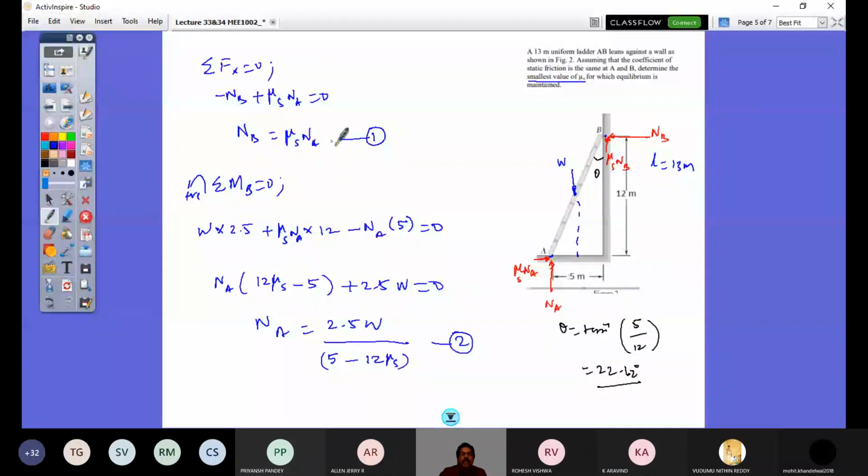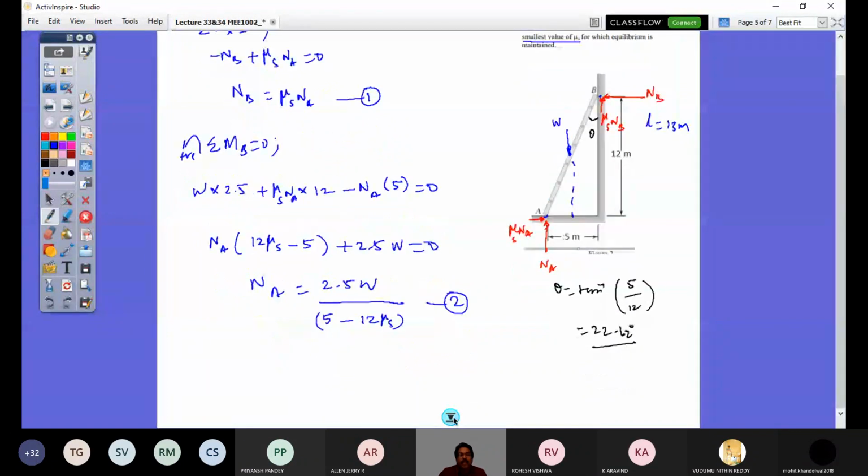Sigma Fy equals 0. So when I apply that, it is going to be NA minus W plus mu s times NB equals 0. So I would use equation 1 where NB is mu s times NA, substituting here, correct?